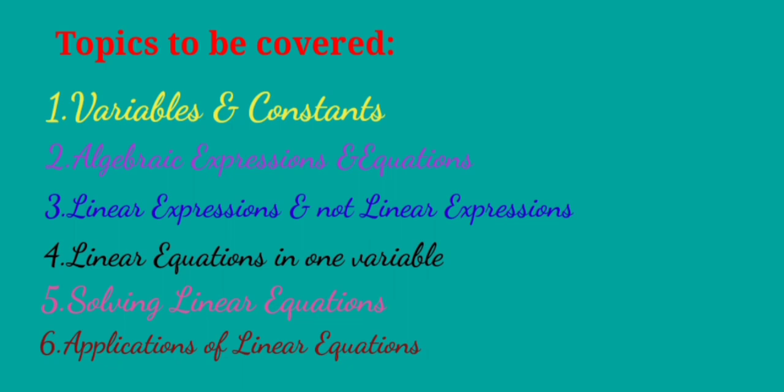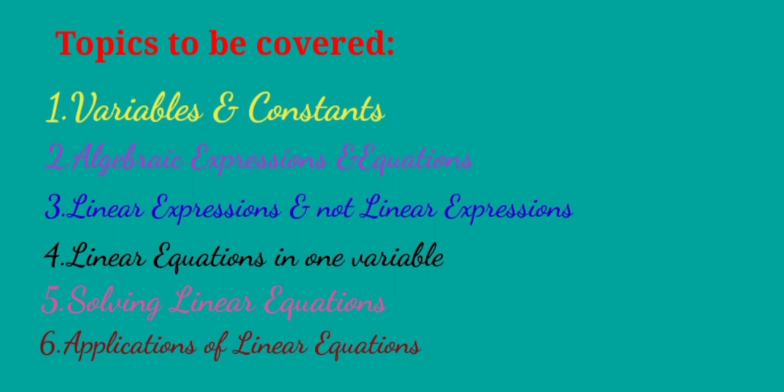So students, the topics to be covered in this section are, first of all, variables and constants. We will understand what variables and constants are. Second, algebraic expressions and equations, meaning the difference between expressions and equations. Thirdly, we will understand which kind of expressions are called linear expressions and which are not. In the fourth point, we will understand linear equations in one variable, that is, which kind of equations are called equations in one variable.